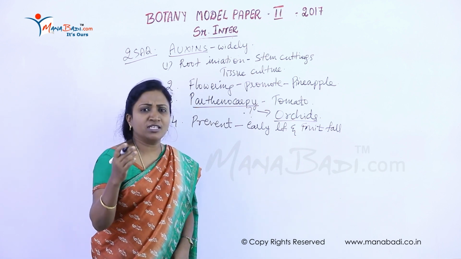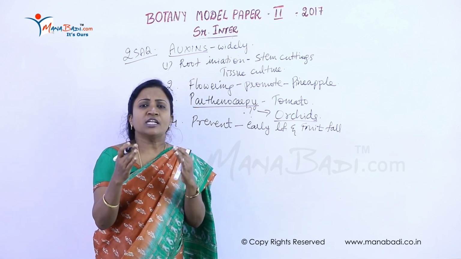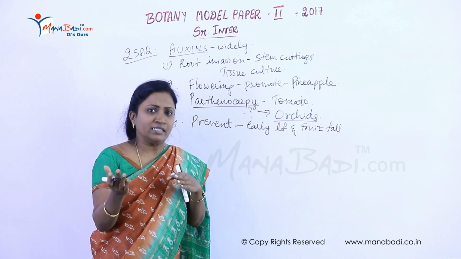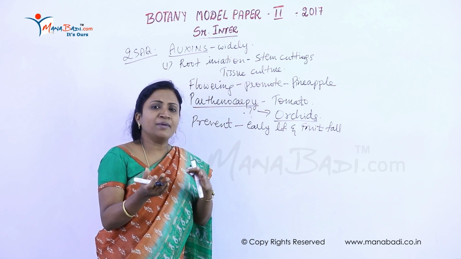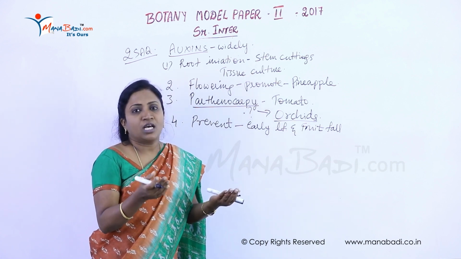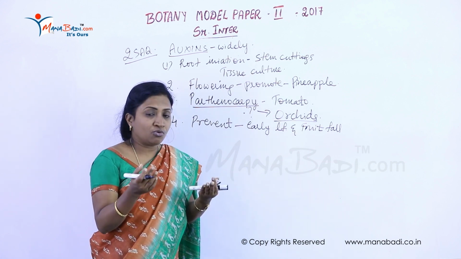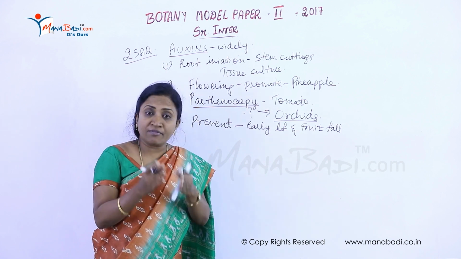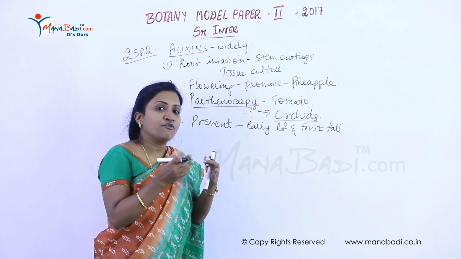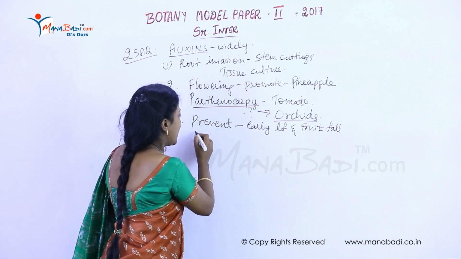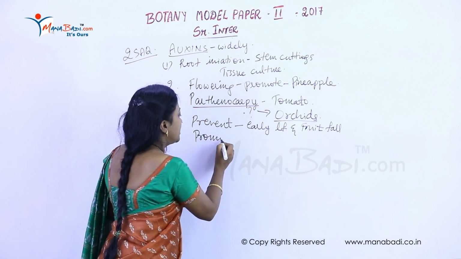Early leaf and fruit fall is when, for different reasons, the fruits and leaves fall at an immature stage, without getting mature. So auxins help in prevention of this early leaf as well as fruit fall.